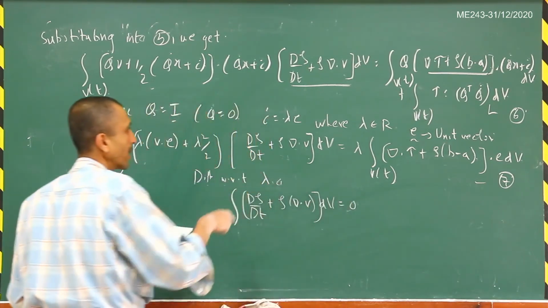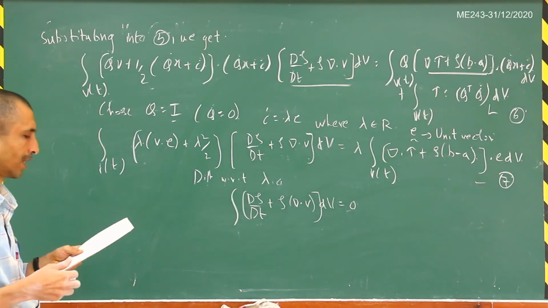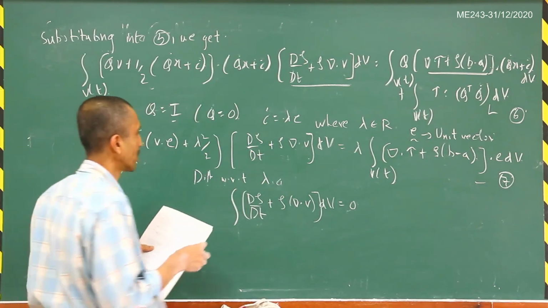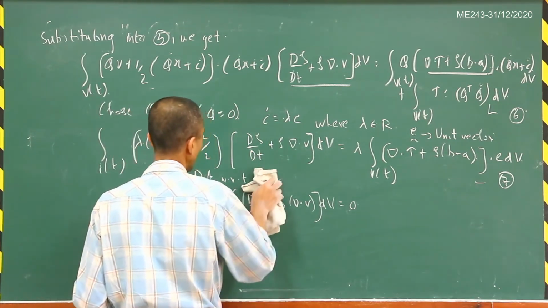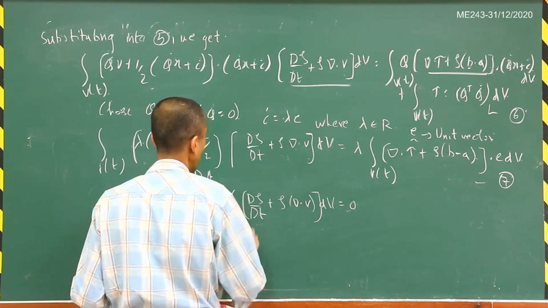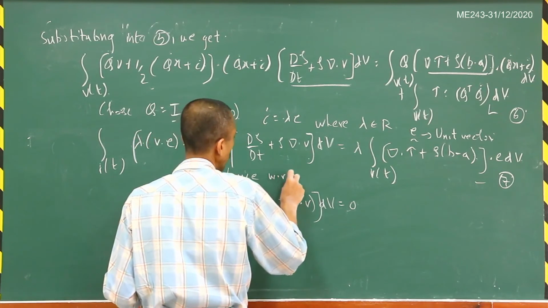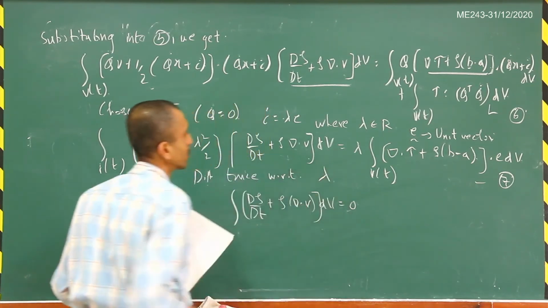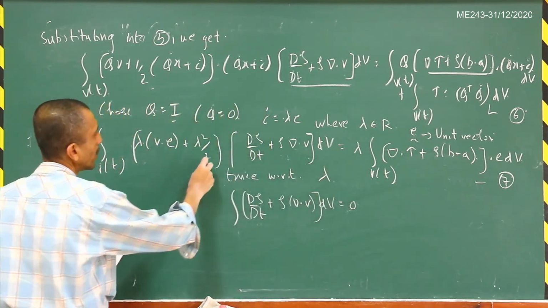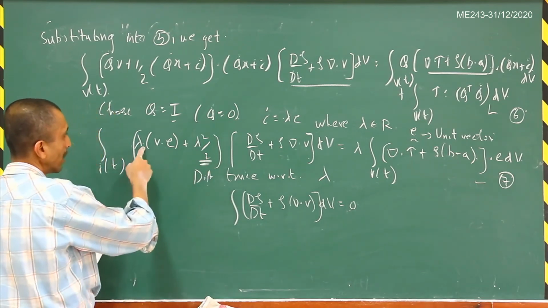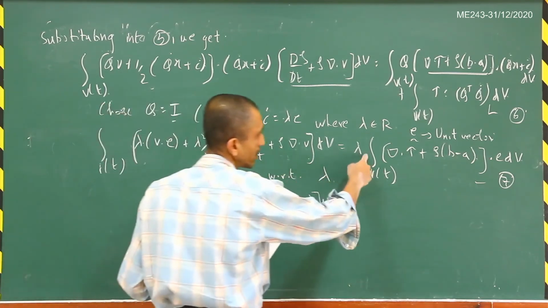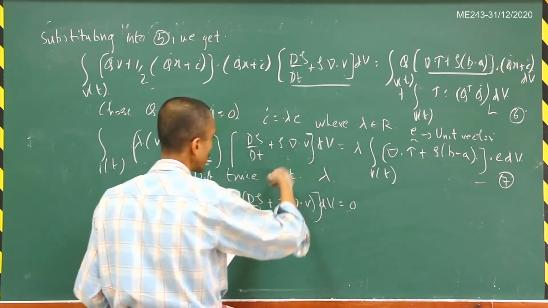Basically only this term will survive, and the other terms will go to 0.